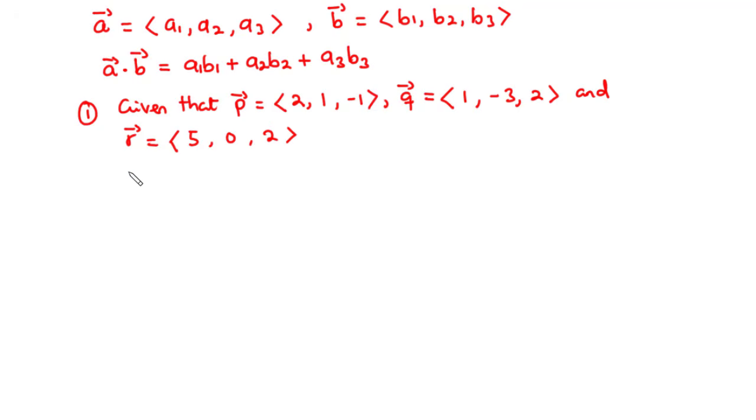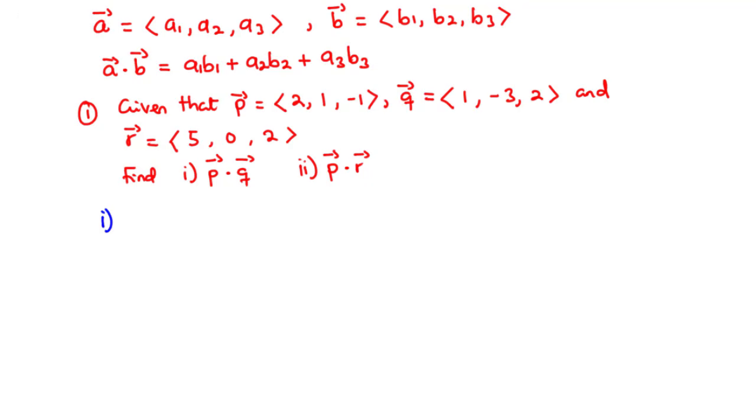Now let's find I, the dot product of vector P and vector Q, and then II, the dot product of vector P and vector R. So let's solve this together.